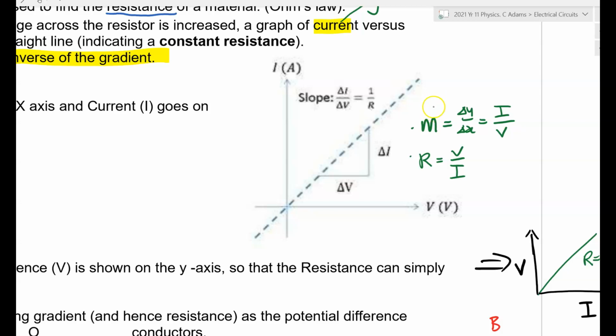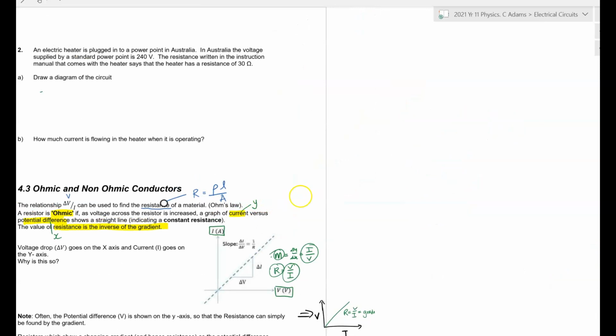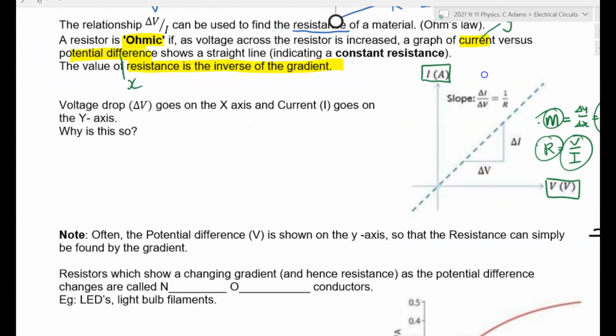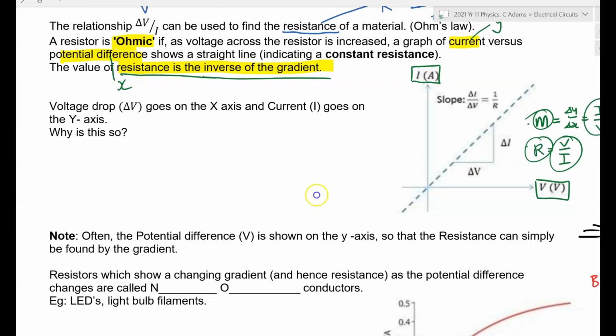Your gradient, which is M, is I over V, but your resistance is V over I. So if we have your current on your y-axis and your voltage on your x-axis, your gradient is the inverse of the resistance, or at least the resistance is the inverse of the gradient.